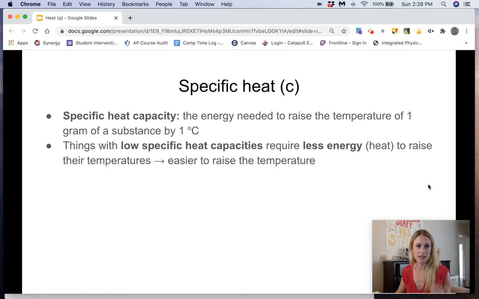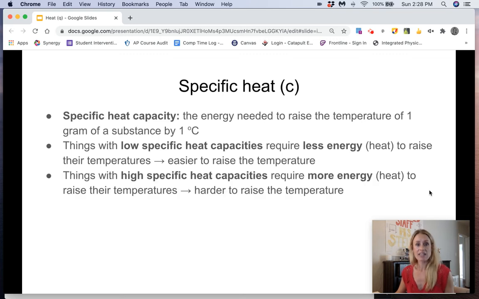Think about this again, right? Looking at that really technical definition at the beginning of the slide. Something with a low specific heat needs lower energy to raise the temperature of 1 gram of the substance by 1 degree Celsius. So it's easier to raise that temperature of that substance. Things with a higher specific heat require more energy or more heat to raise their temperatures.